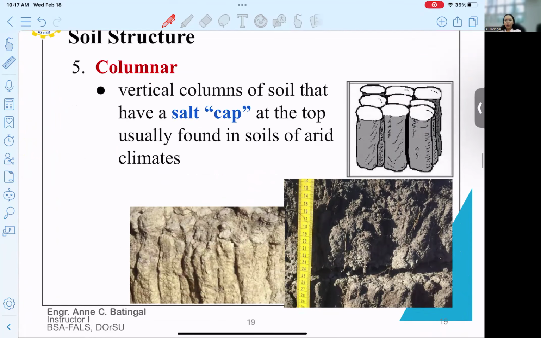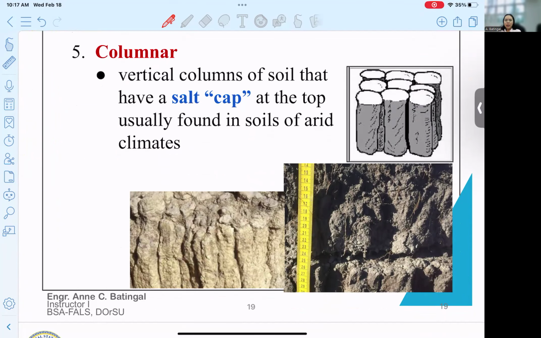Lastly, you have your columnar. Your columnar is same sa imuhang prismatic. Characterized kapon siya with vertical columns, pero it is distinct in a sense na it has a salt cap at the top because it is usually found in arid climates kapon sa mga init na mga lugar.